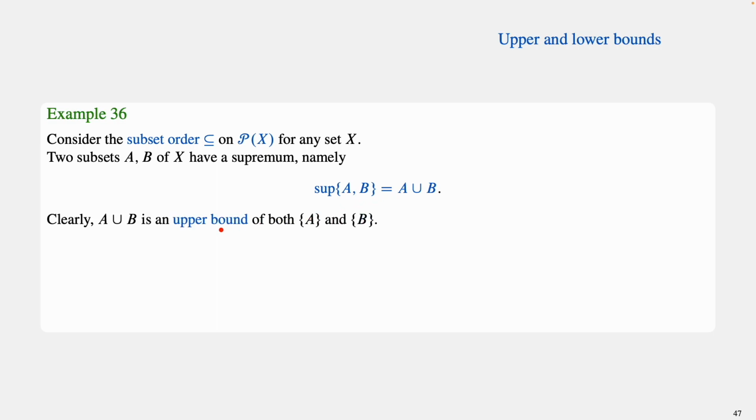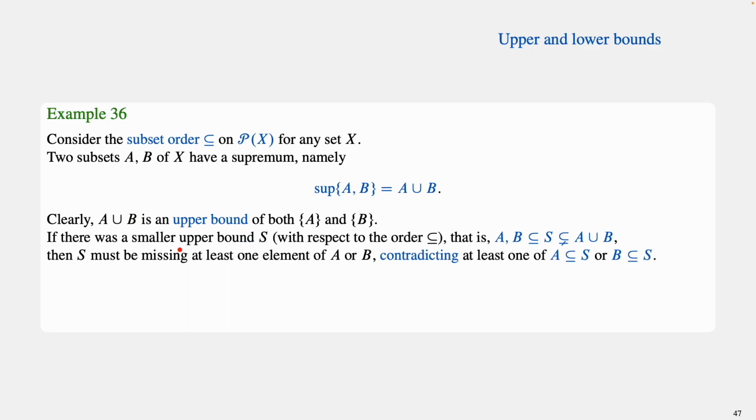Now, to see this, note that clearly A union B is an upper bound for both the set containing A, and the set containing B. Well, because A is contained in A union B and B is contained in A union B.